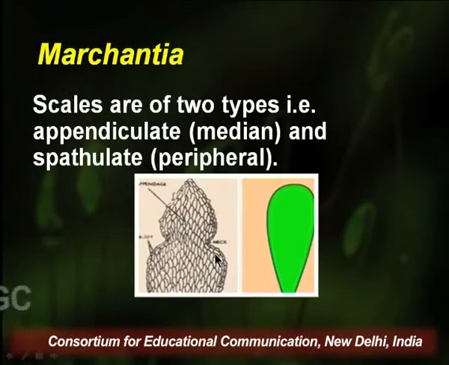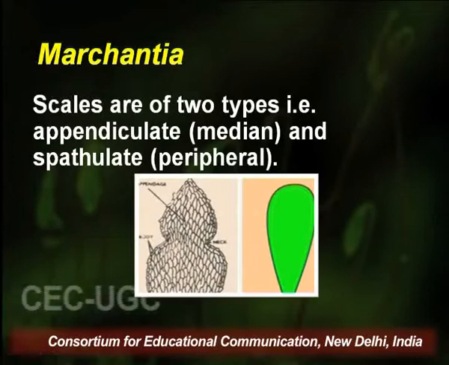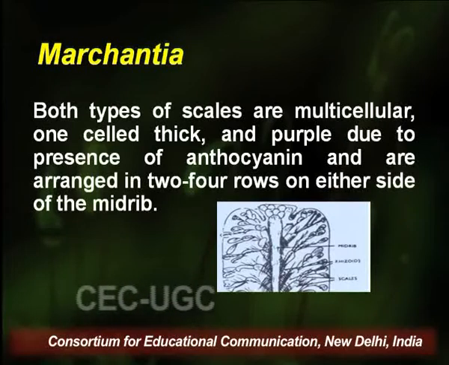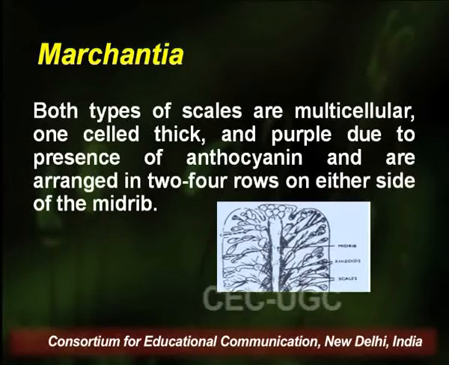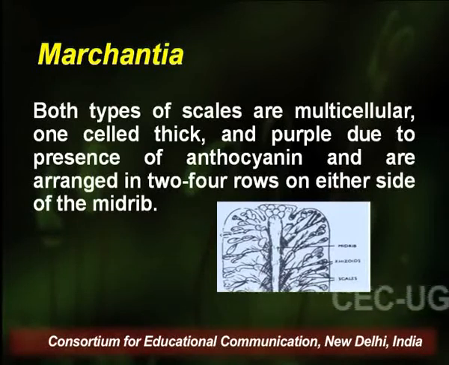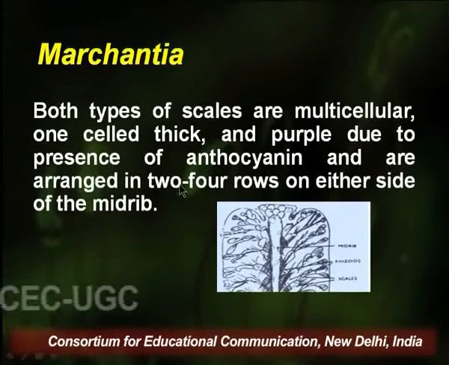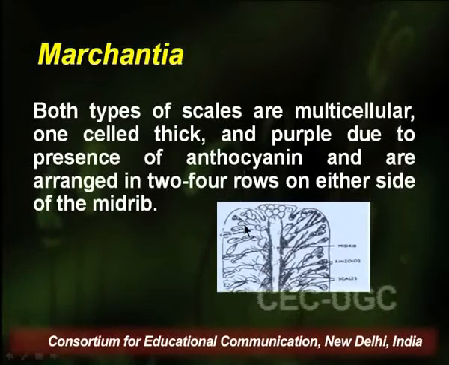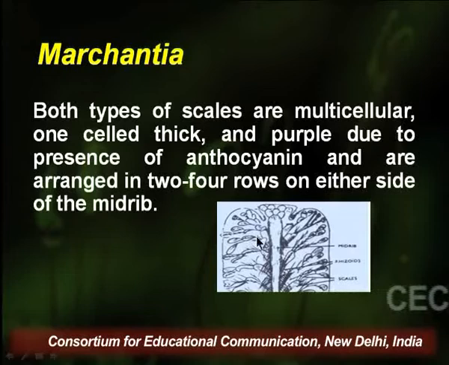The scales are of two types. One is called the appendiculate scale and the other one is called the spatulate scale. Both types of scales are multicellular, one cell thick and purple due to the presence of anthocyanin pigment, and are arranged in 2 to 4 rows on either side of the midrib.